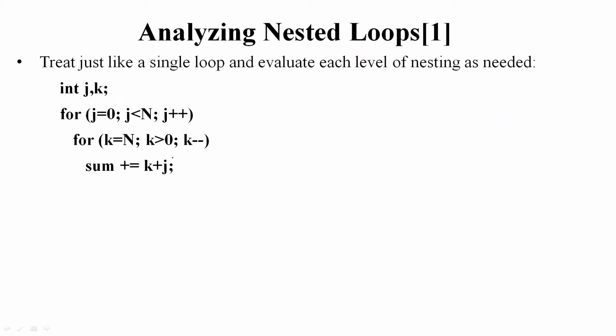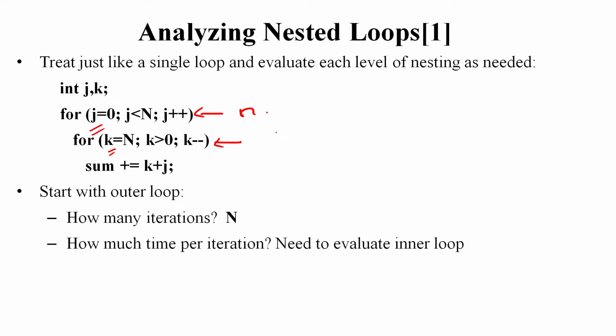Next one, nested loops. Here you look at this, we have one for loop which is running for n times, and inside that we have one more for loop which also runs for n times. So for each j value, this for loop will run for n times.